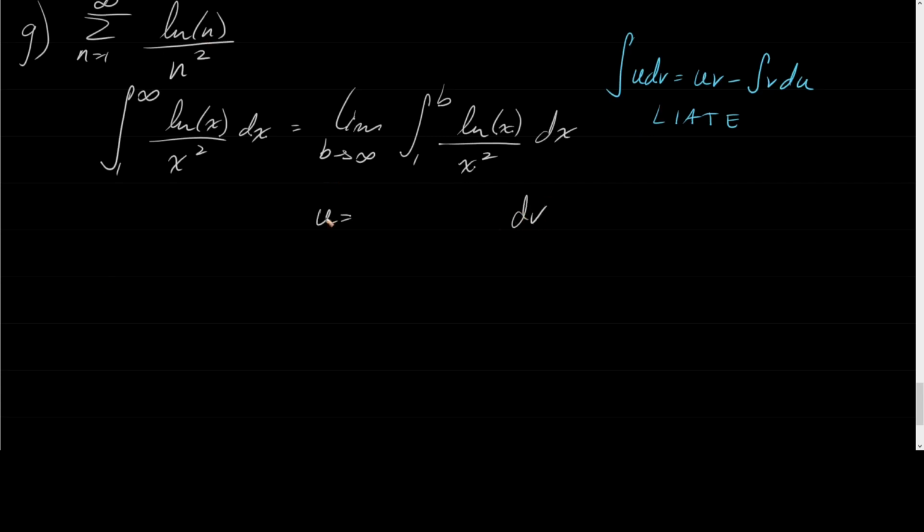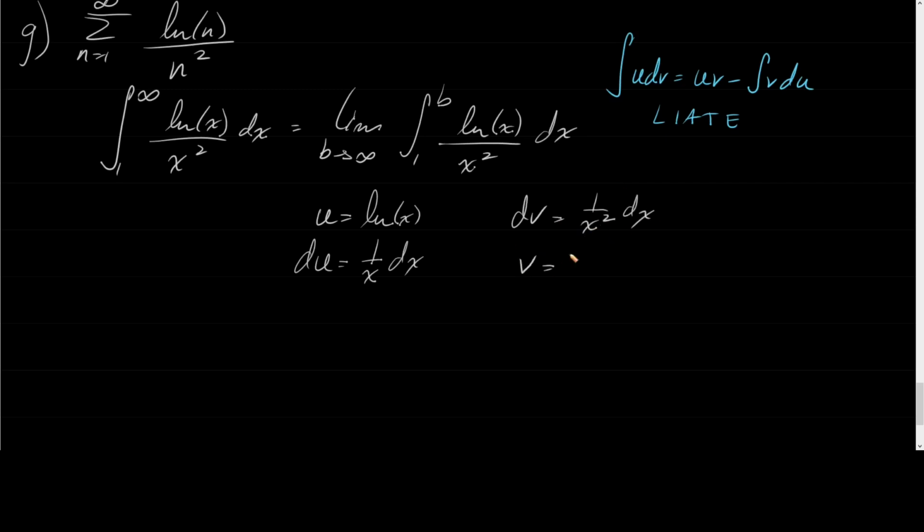Because our dv is going to be everything else except our u, right? So in here, based off of LIATE, our u is the logarithmic, because L is logarithmic. So u is ln of x, which tells me that du is 1 over x dx. Our dv is going to be the rest of the integral. So in other words, 1 over x squared dx.